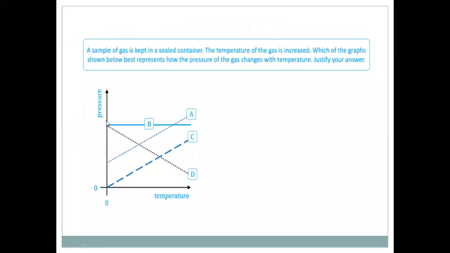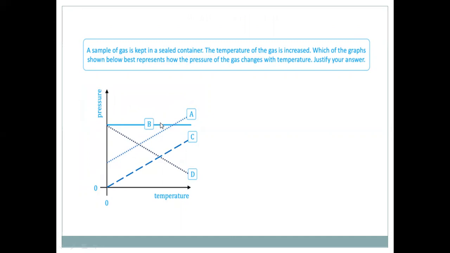Now, see this question. A sample of a gas is kept in a sealed container. The temperature of the gas is increased. Which of the graphs shown below best represents how the pressure of the gas changes with the temperature? Justify your answer.